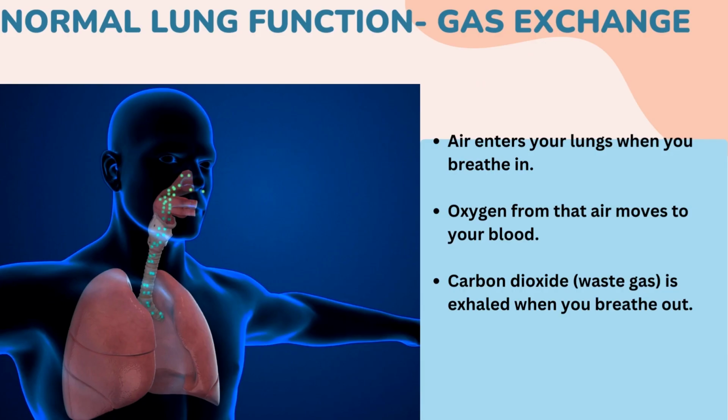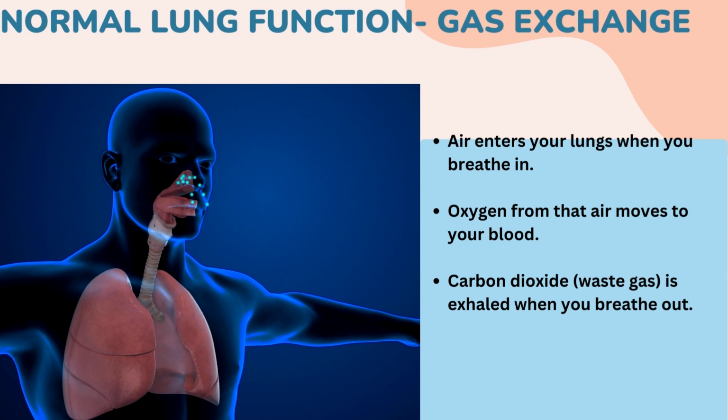So let's get started. For you to be able to understand the disease process, it's important for you to know how that organ works normally. When you're studying, try to know how this organ works on a normal day. Then you can understand the pathophysiology better. So, normal lung function. We know the lungs are very important for gas exchange.